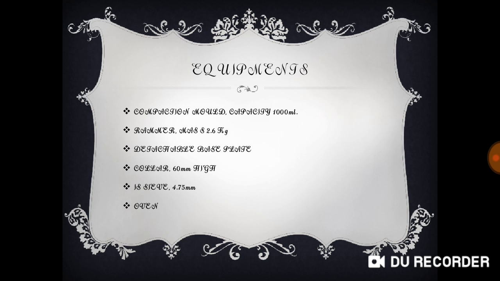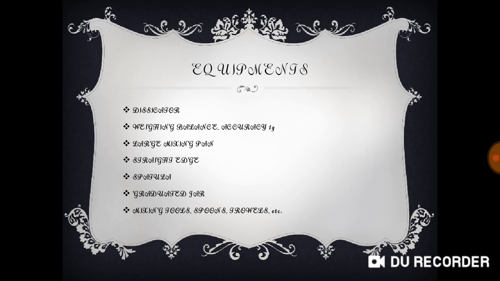First is the compaction mold, with a capacity of 1000 ml; a rammer with a mass of 2.5 kg; a detachable base plate; a collar 60 mm in height; an IS sieve of 4.75 mm; an oven; a desiccator; a weighing balance with an accuracy of 1 gram; a large mixing pan; a straight edge; a spatula; a graduated jar; mixing tools, spoons, trowels, and etc.